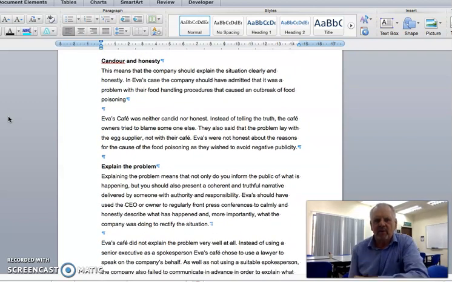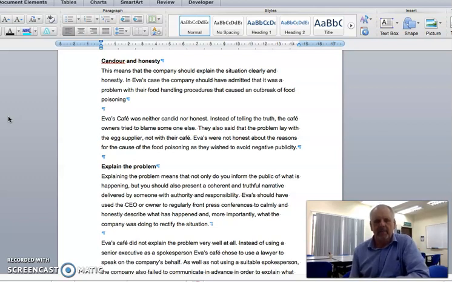So when we're talking about ethical crisis management, you're going to have to identify the steps, and you're going to have to explain what it means and say what the company in question should have done.